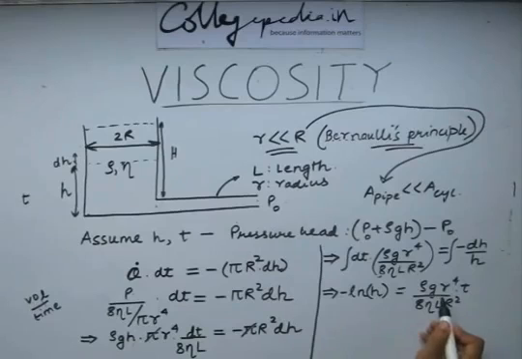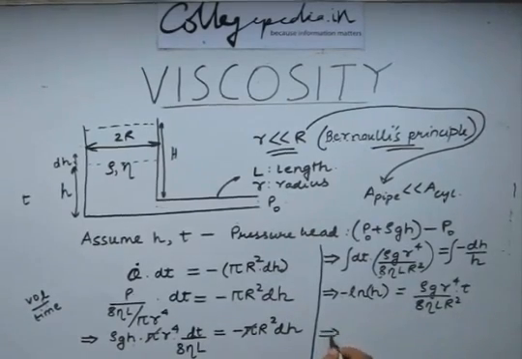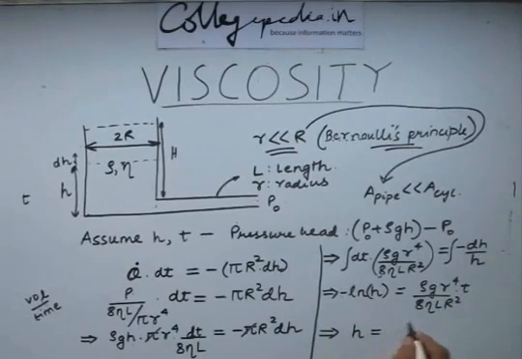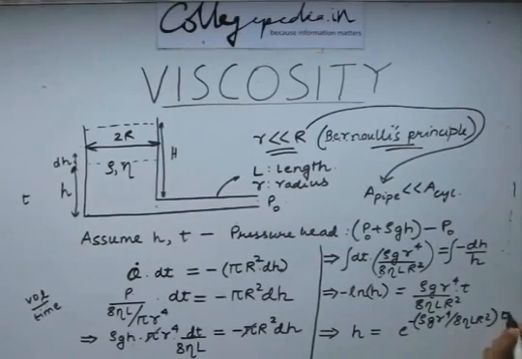This negative sign can be taken here and this can be converted to an exponential form like this. H will be now equal to e to the power minus rho g r to the power 4 by 8 eta L R square, this entire thing times t. Note that when we perform this integration, we have also neglected a constant of integration that comes into the picture.